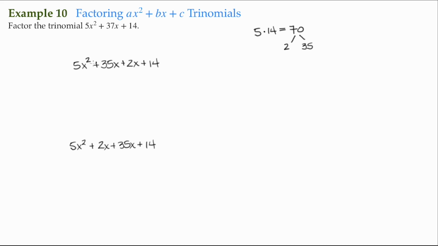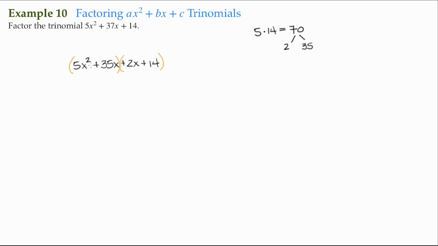And I can see what's in common between these two, and that's going to be 5. 5 goes into here, and 5 goes into 35. And also what's in common here is 2. So if I group them together, remember when we group them together, keep the sign in that second group of the first term in that second group. So we'll get rid of this one here.